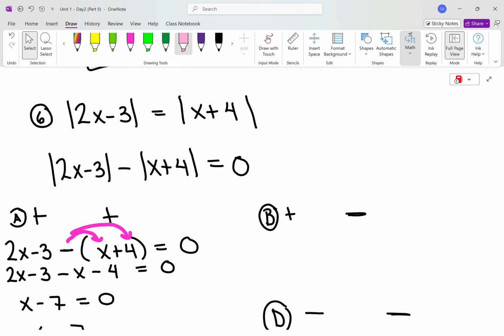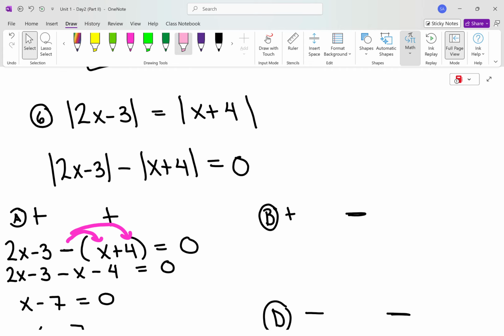I'm now going to plug in a 7. 2 times 7 is 14 minus 3 is 11. 7 plus 4 is 11. The absolute value of 11 is 11. So are we good with 7? Yes. So this answer definitely works. We're good. Now we have to check out the other scenarios.